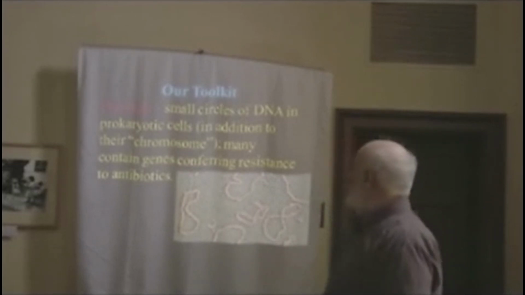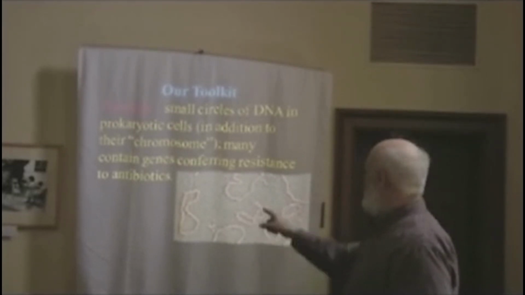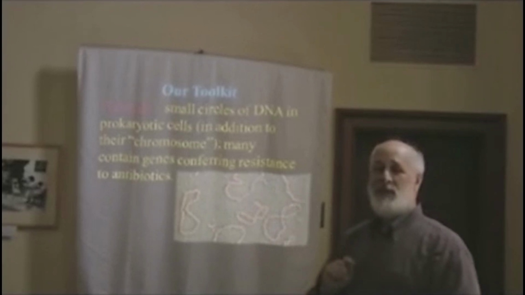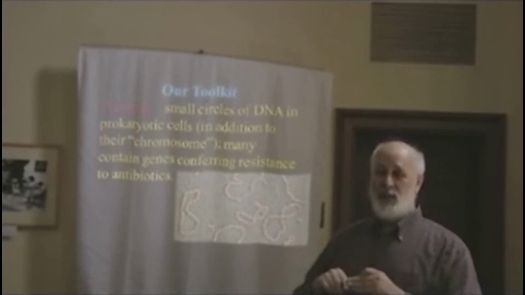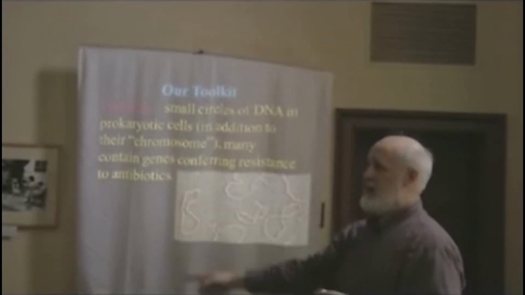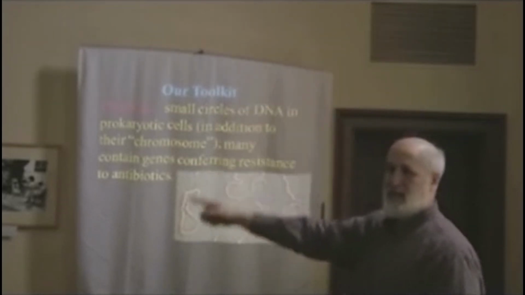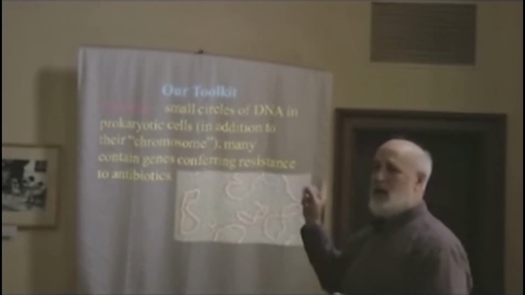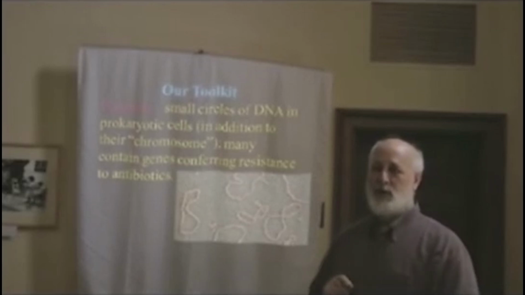And so these little circles of DNA, and now if those are micrographs of little plasmids, by comparison, the large DNA molecule that's in every bacterial cell would probably be about as big a circle as this room is, like that, compared to those plasmids. Very small amount of information, but some of it very important.